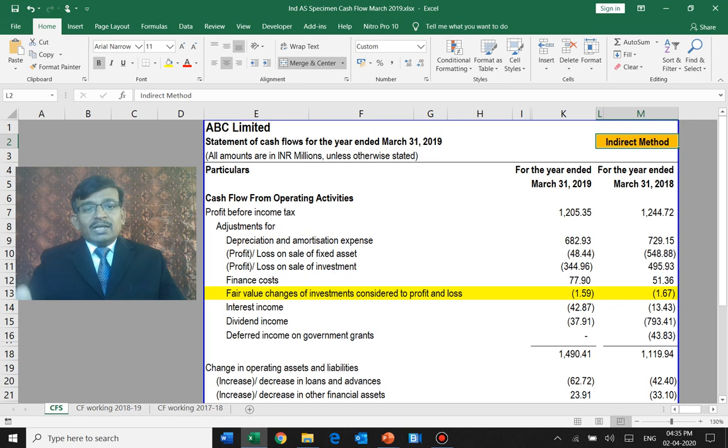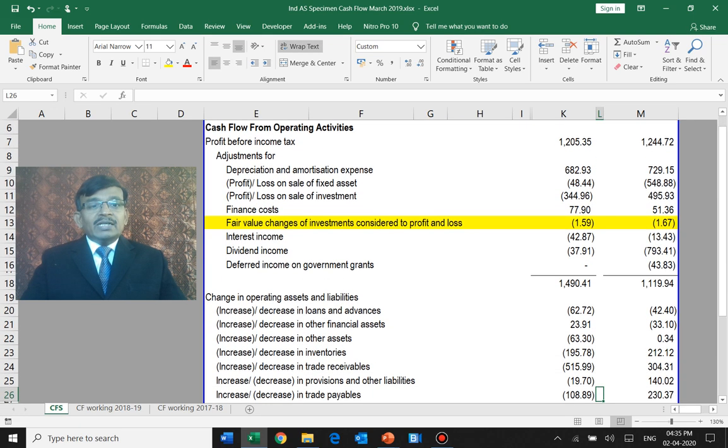All other items we have already seen even in the AS 3 presentation. The next point is that after the profit is adjusted for non-cash items, it has to be further adjusted, increased or decreased, for the changes in working capital.